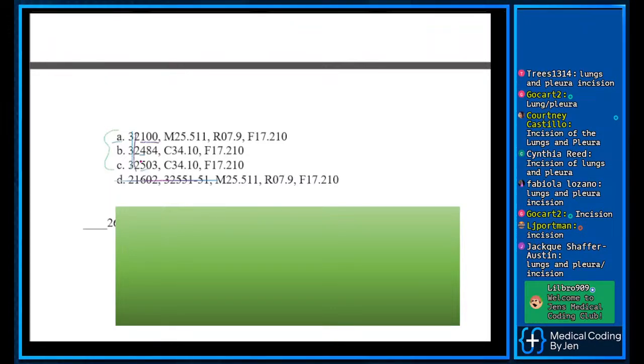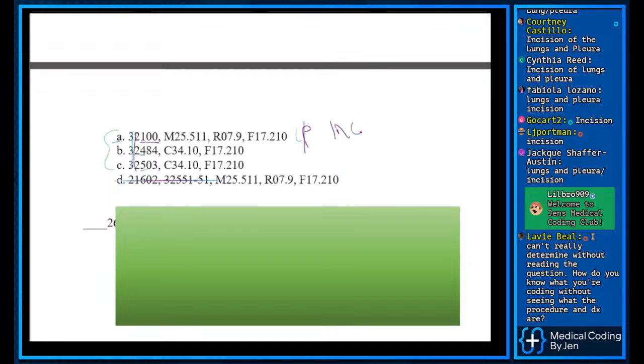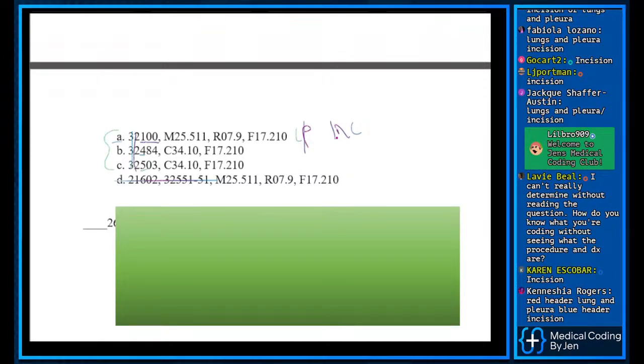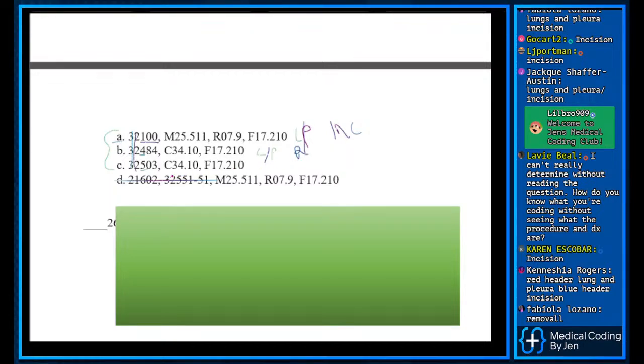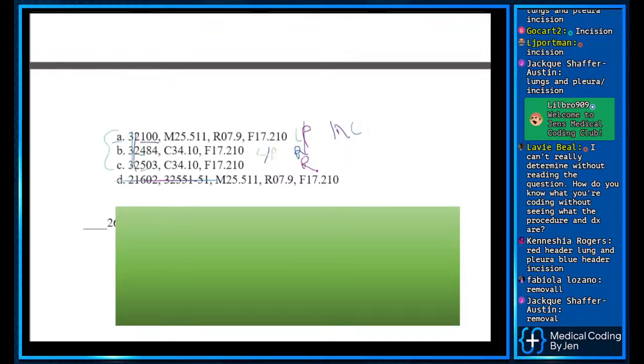So our red header is lungs. Our red header for 32100 is lungs, pleura, and we're doing an incision. The 32484 is under the header of lungs, pleura, but it's under removal. 32503 is also under the same thing, under removal.